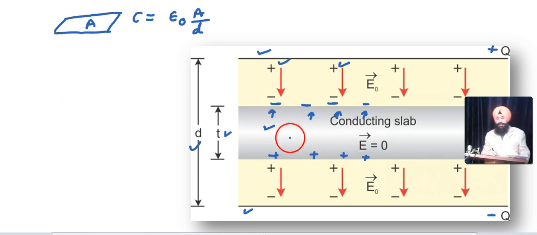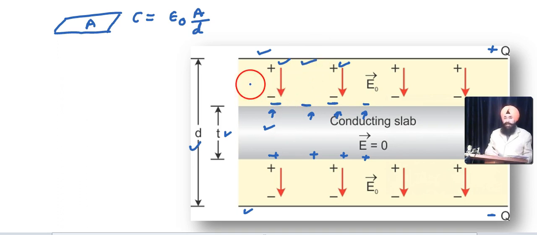So what happened inside the conducting slab? Electrons experience an attractive force because of this positive plate. So they will start accumulating over this face of the conducting slab and leave behind the positive. Now you'll think how many electrons will accumulate here. It depends how much charge is here.